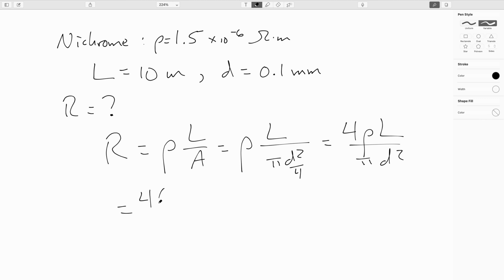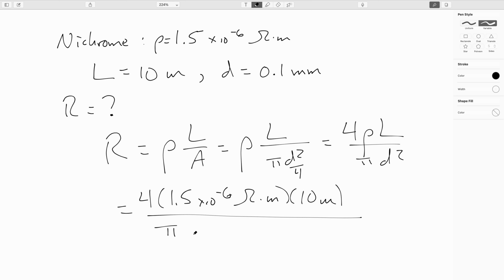All right, so this will be 4 times 1.5 times 10 to the minus 6 ohm meters times our 10 meters of wire over pi times 0.0001, because it's 1/10 of a millimeter, meters squared. Grind that all through, you get about 1910 ohms, which seems like a perfectly respectable value.